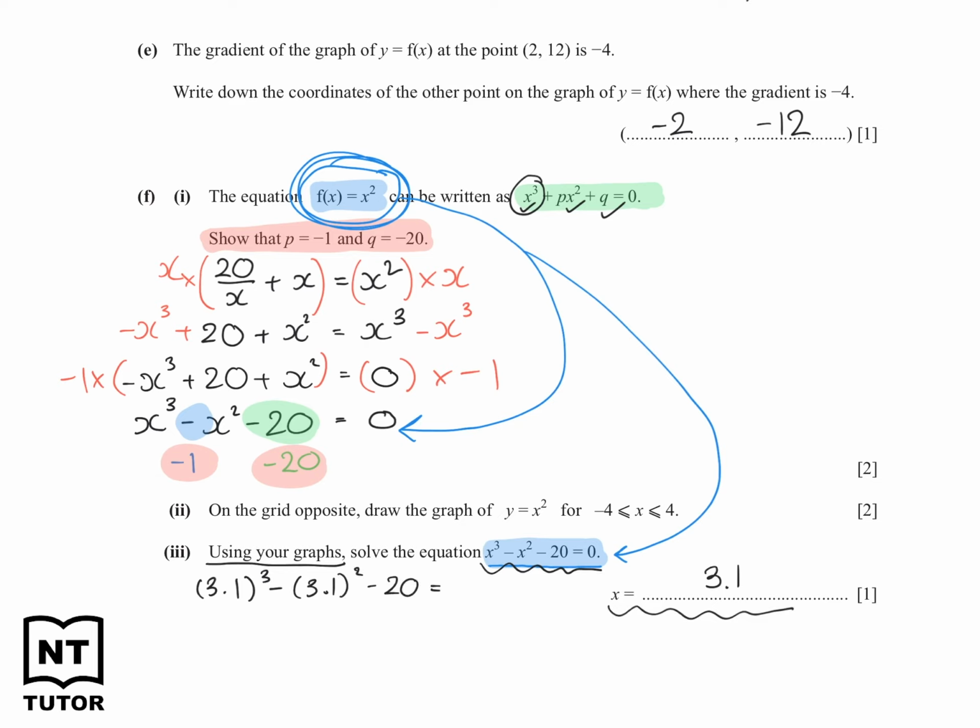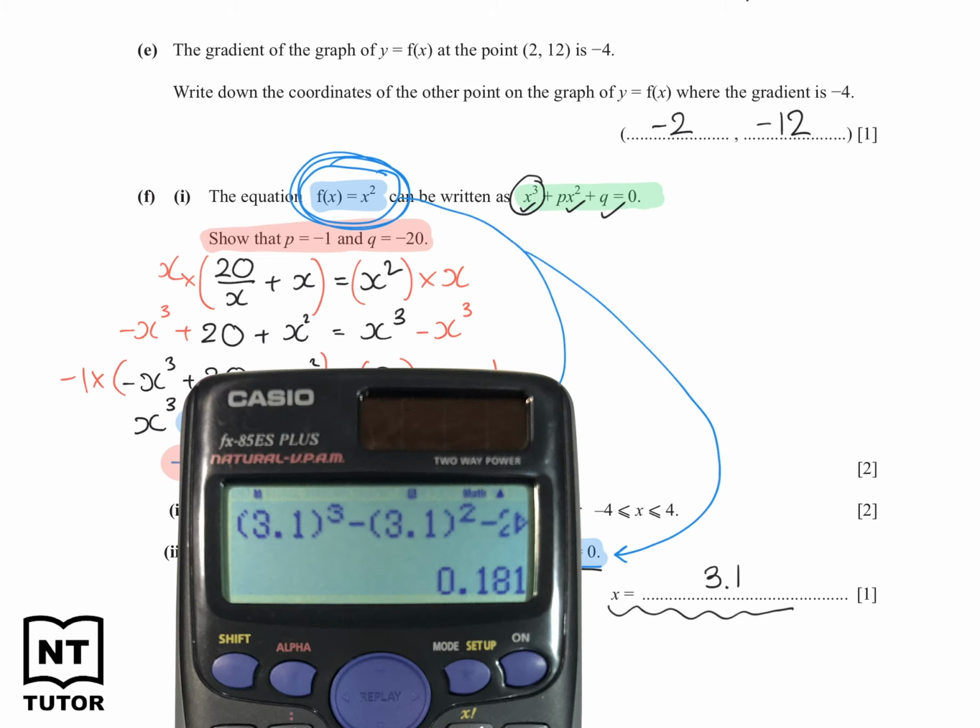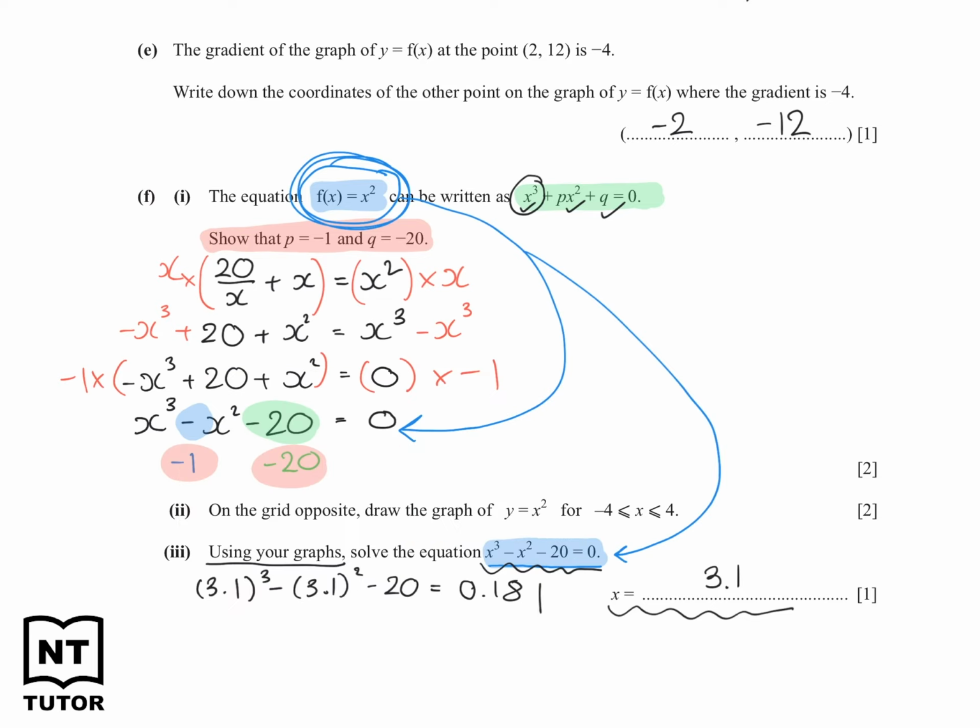We should get something close to 0, and we can use our calculator to help us. When substituting 3.1 into the expression, it equals 0.181, which is very, very close to 0, and therefore our answer is correct.